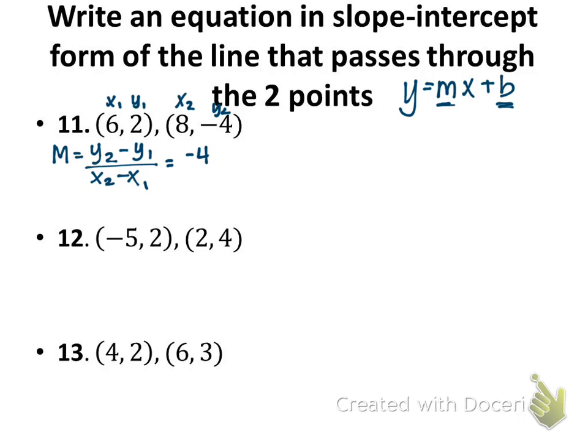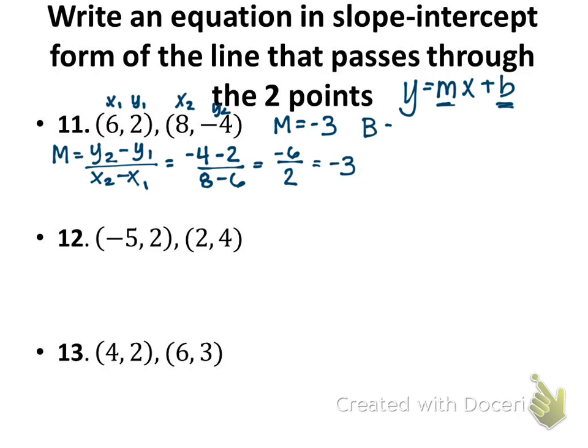So negative 4 minus 2 over 8 minus 6. What's negative 4 minus 2? Negative 6. What is 8 minus 6? Positive 2. Should I leave this negative 6 over 2? No. Reduce it to a whole number. What's the whole number? Negative 3. So now I know my m, right? So I'm going to write m equals -3.